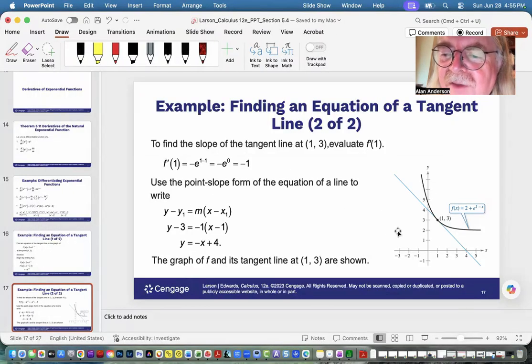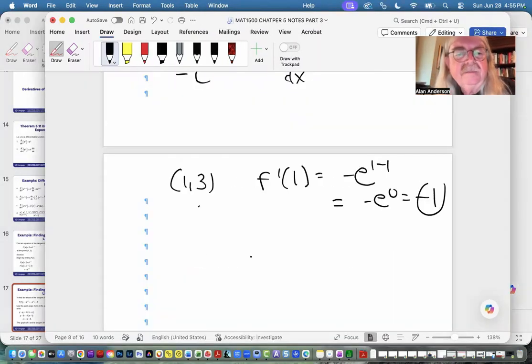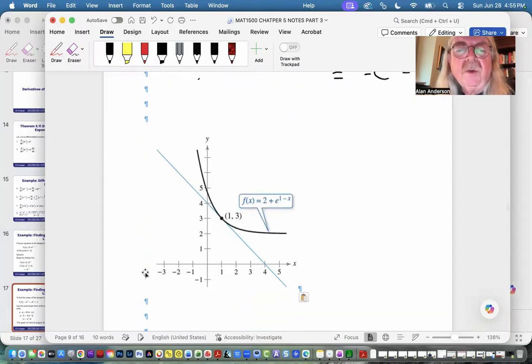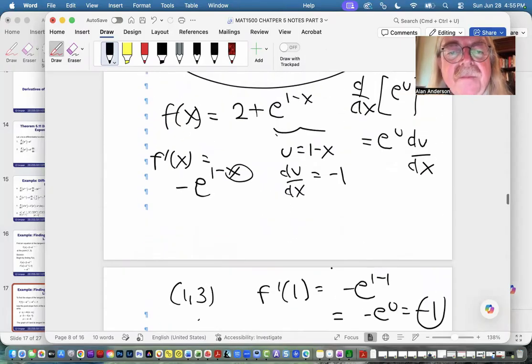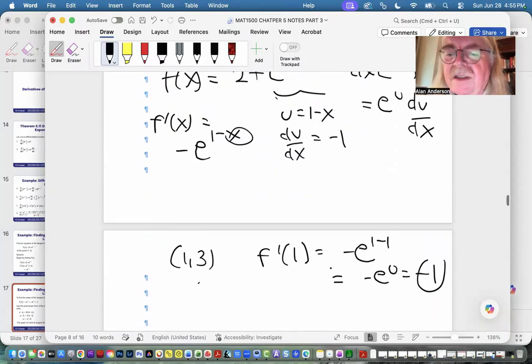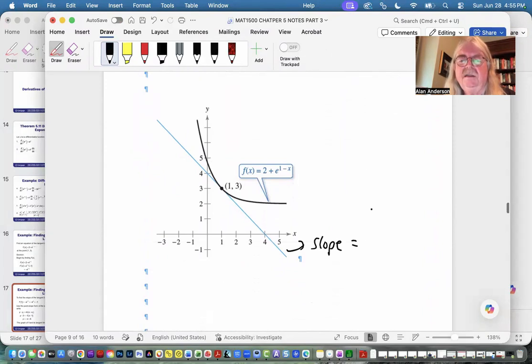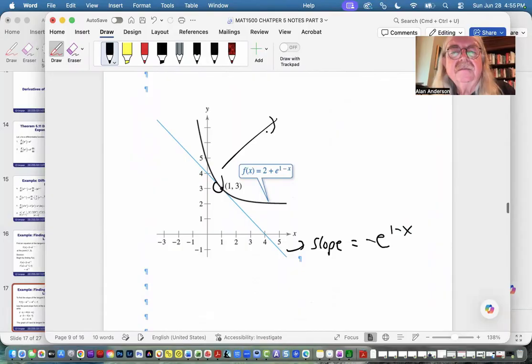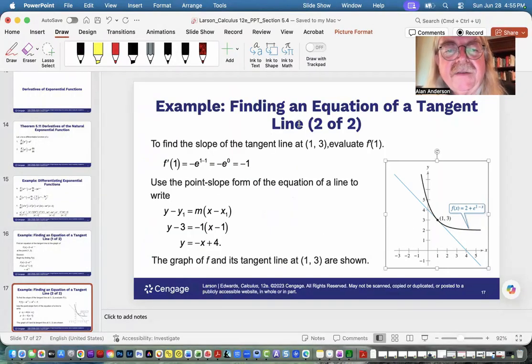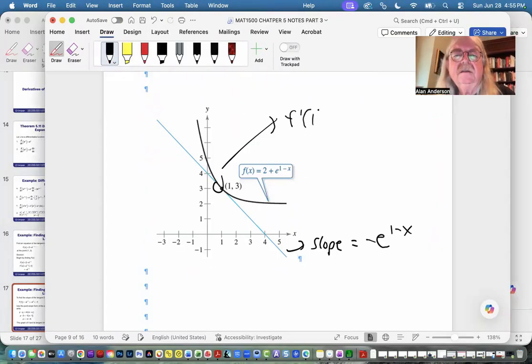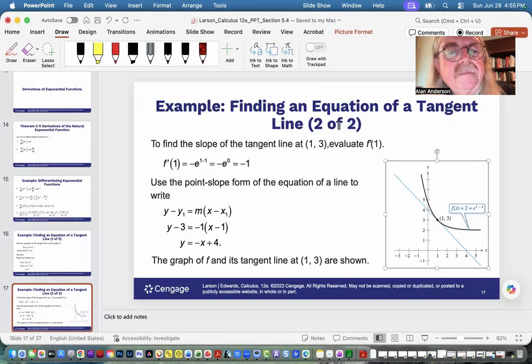Actually, I'm going to copy this graph. It's going to be hard to draw it. All right, so there's our point, 1, 3. There's our function. And we know that the slope of this line, because it's the tangent, is negative e to the 1 minus x, which means here that gives us minus 1.